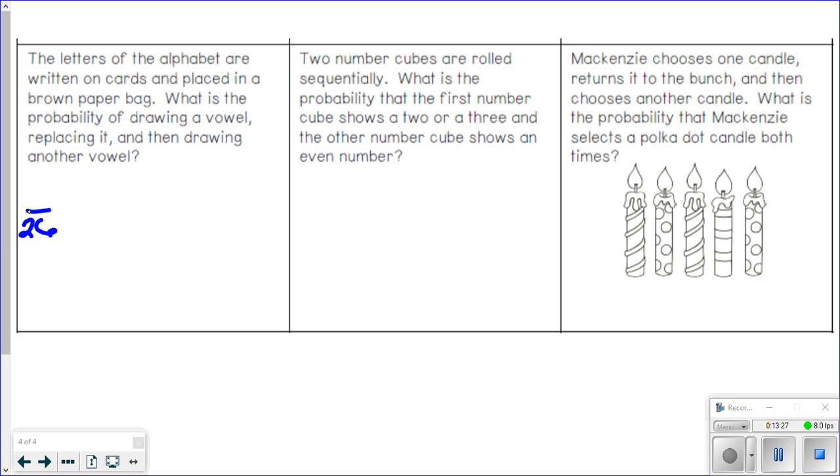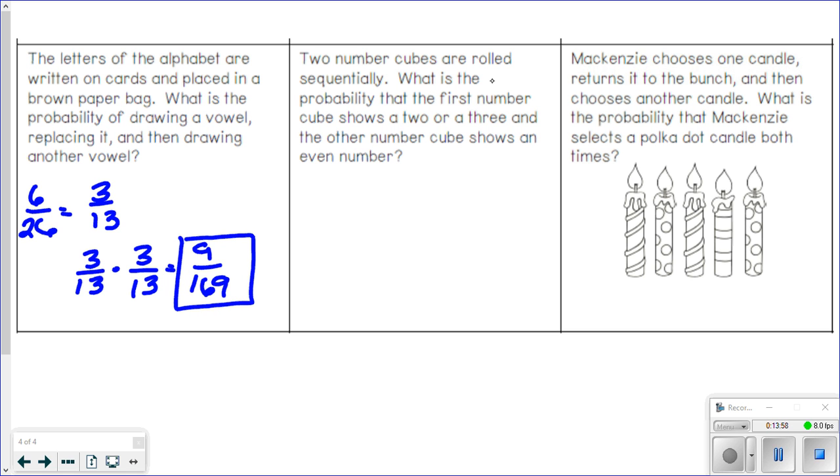We'll count Y. Why not? So we'll say 6/26, which simplifies. You can divide those by 2. They're both even, so you know you can divide by 2 at a minimum. So that would be 3/13. And so first time the probability is 3/13, and the second time the probability is 3/13. So we multiply this together, and we get 9/169.